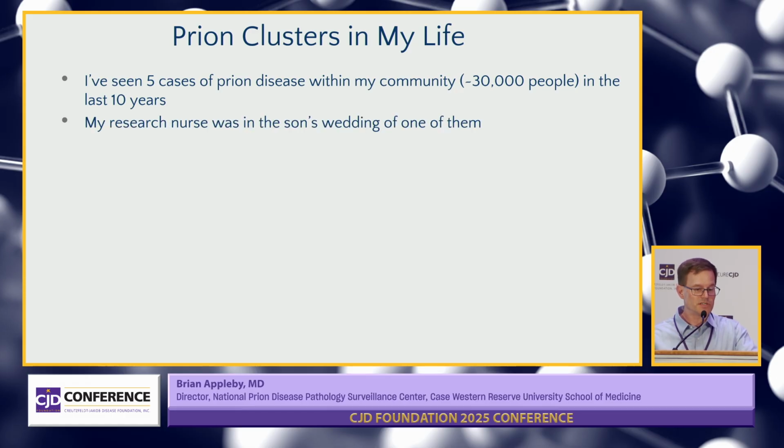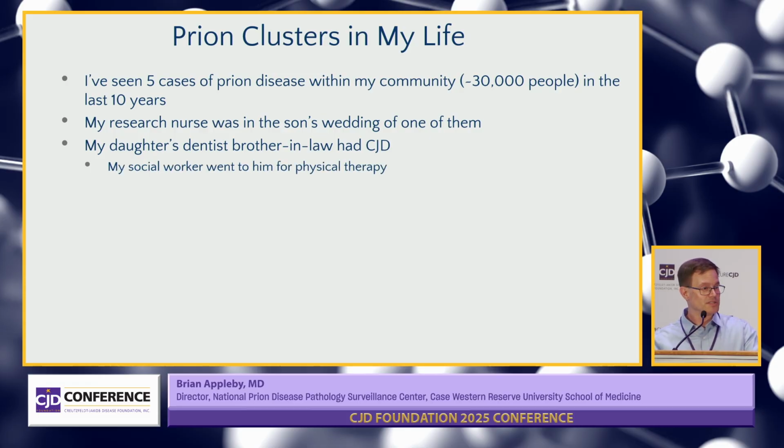My research nurse was at the son's wedding of one of them, who lived about 0.5 miles down the street from me, who also happened to be a neurologist, who has since diagnosed 5 cases of CJD himself. My daughter's dentist's brother-in-law had CJD, and my social worker actually went to him for physical therapy.